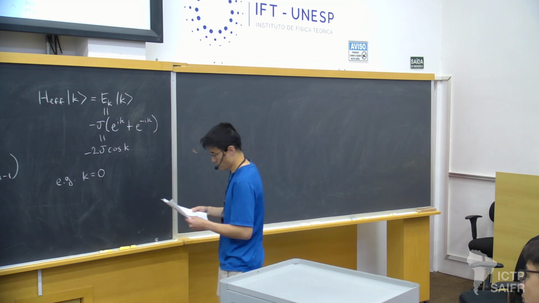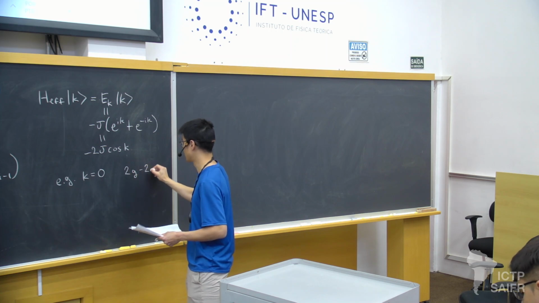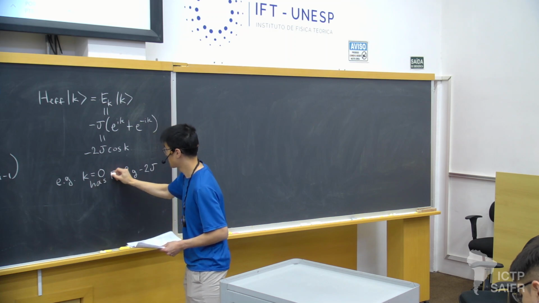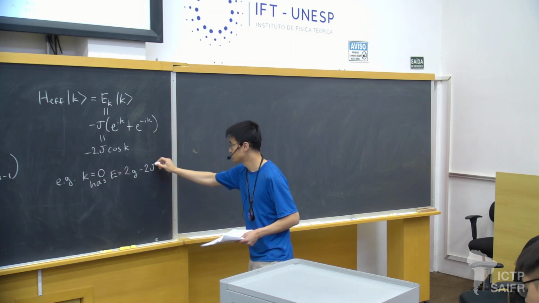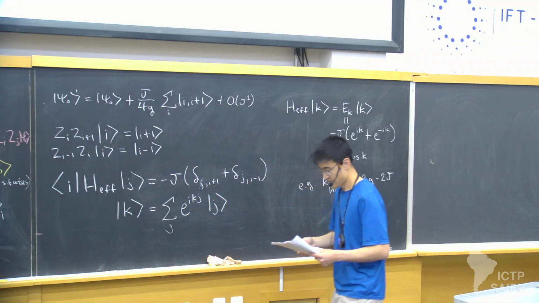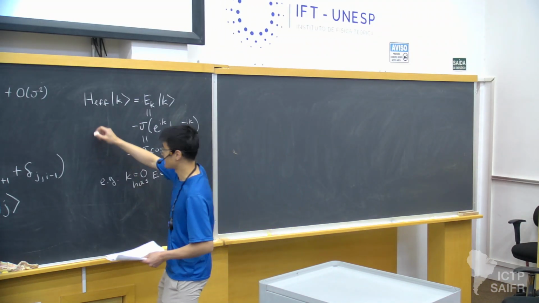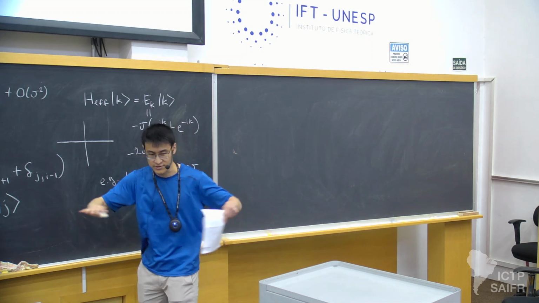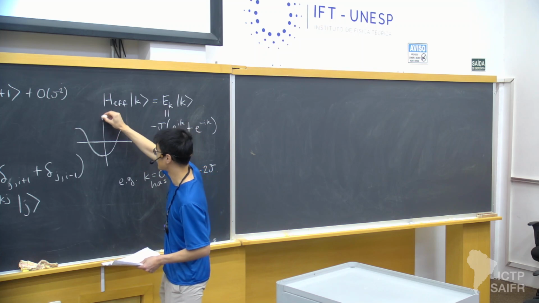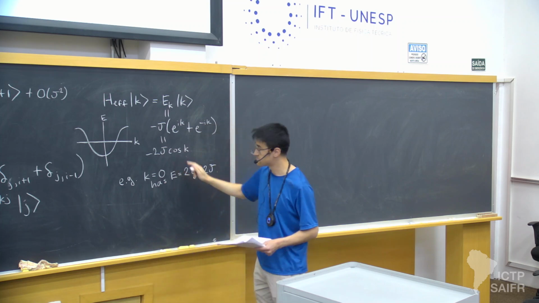Okay, so now the k equals 0 mode actually has energy 2g minus 2J. So all this is just to see what happens to this set of first excited states. You can see that the hopping turned the fully degenerate set of L states into an energy band. Right? So now I can label these states by their momentum k, and they have a given energy given by this. Okay.